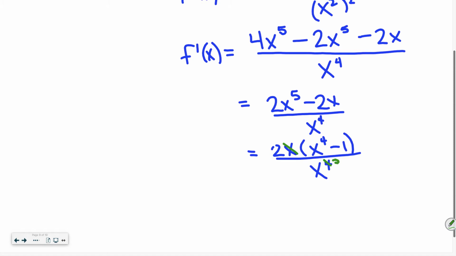Ooh, I'm writing with my left hand. And now I think it's really nice to work with, and I could almost just look at that and figure out what my critical points are, right? Our numerator is 0. Oh, we can finish this problem, no doubt.